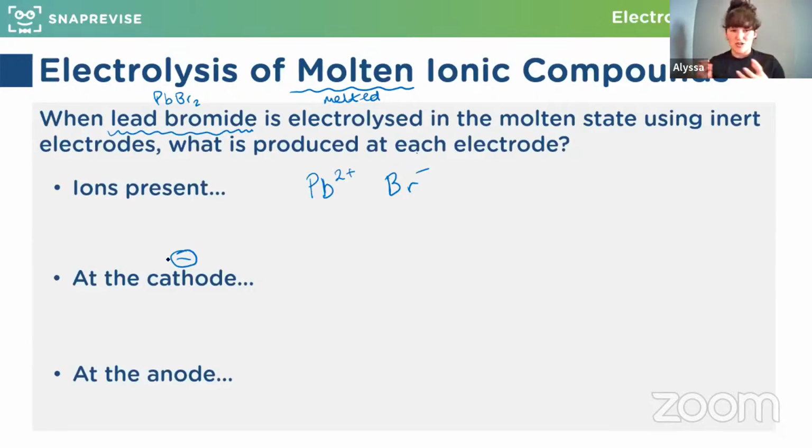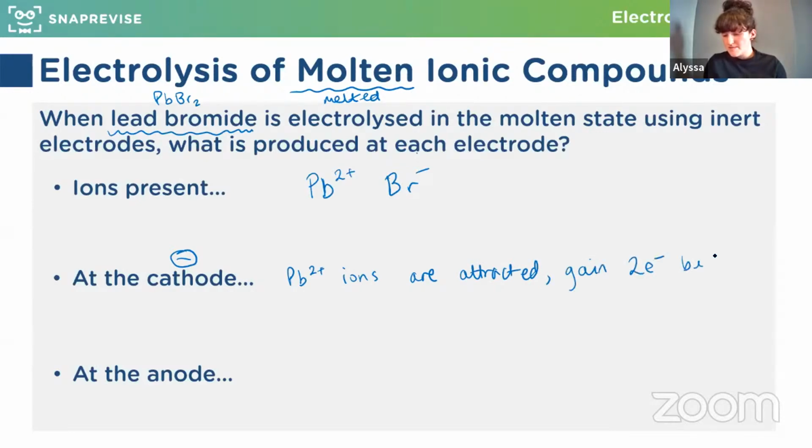Lead is going to be attracted to it, so it's going to form lead metal. Fantastic. The Pb2 plus ions are attracted. They must therefore gain those 2 electrons that they lost back to form lead metal.